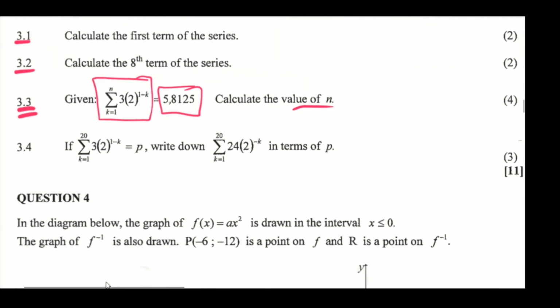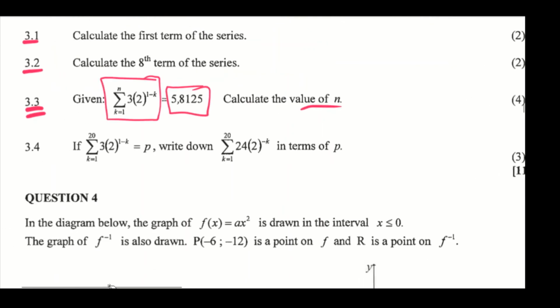Now we are going to do 3.4, right? We are told that if this sum is equal to p, write down this other sum in terms of p.